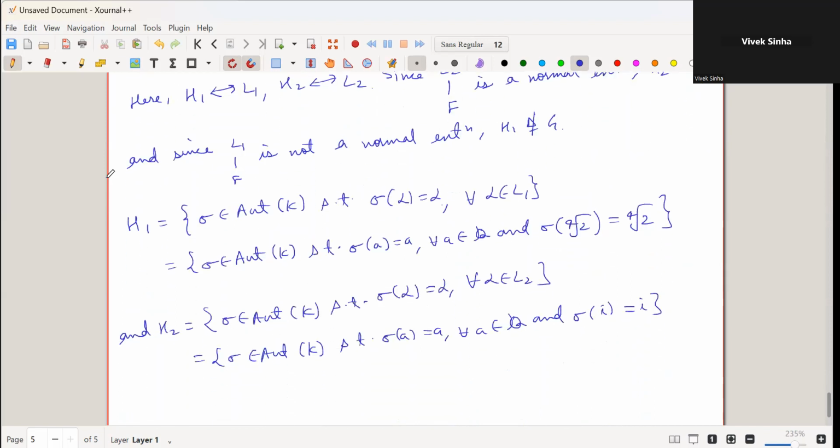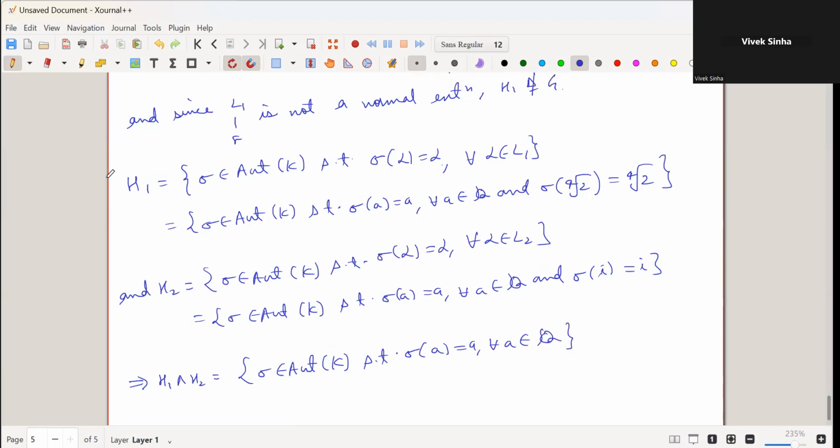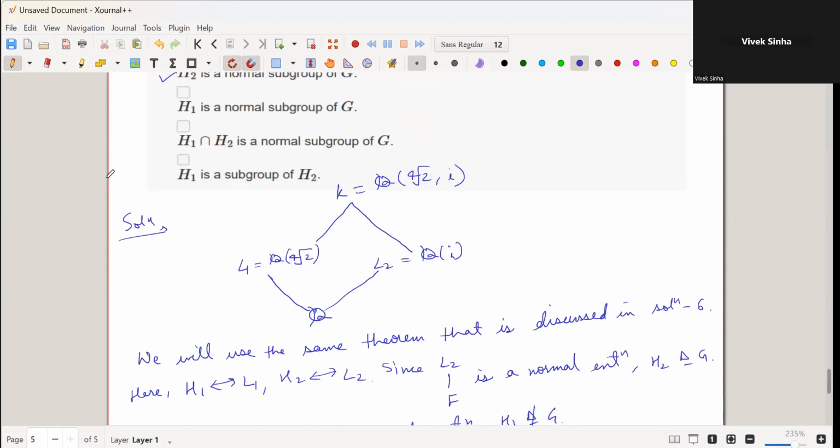So what is H1 intersection H2? H1 intersection H2 is nothing but the automorphisms of K that fix Q, right? That's what it is.